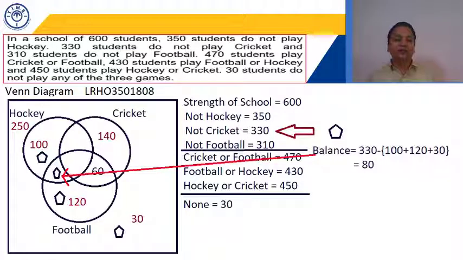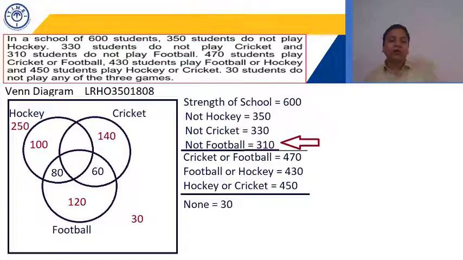So 330 minus 250 is 80. So 80 comes in the region shown by an arrow, because outside cricket should be 330. Three values we already know, so we calculated the fourth value.